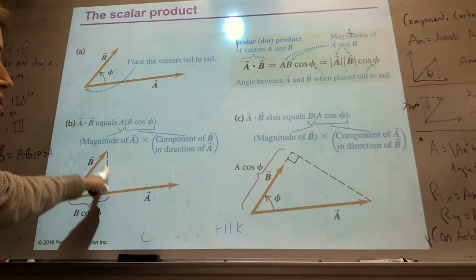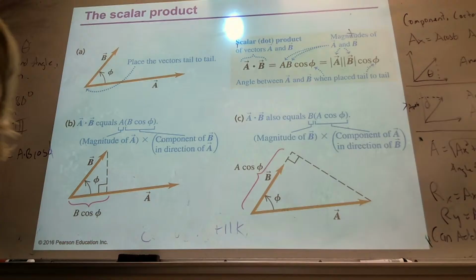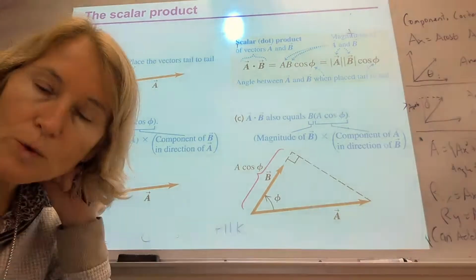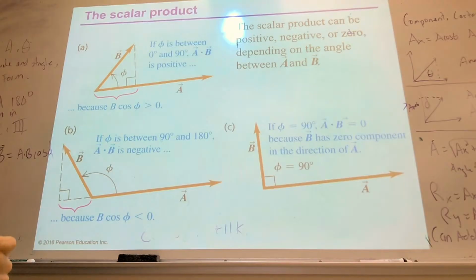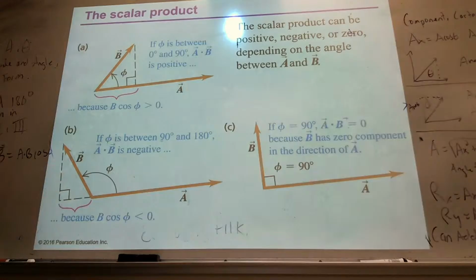It's the same thing here. Okay, so that's one definition. The scalar product can be positive, negative, or zero depending on the angle. The cosine of 90 is 0. Similarly, if you have a perpendicular force, you're not going to get any work out of that. It's best to have it applied parallel.